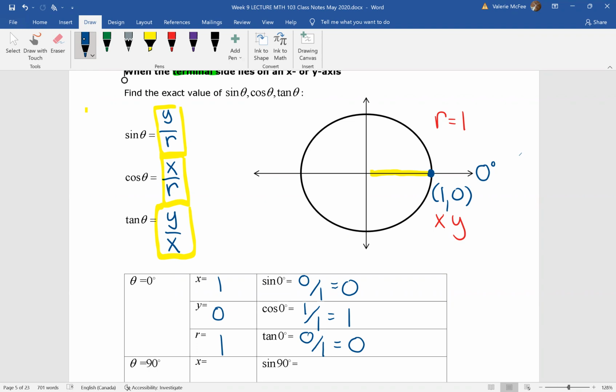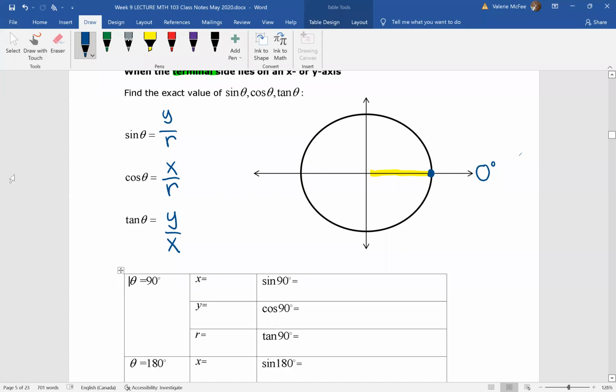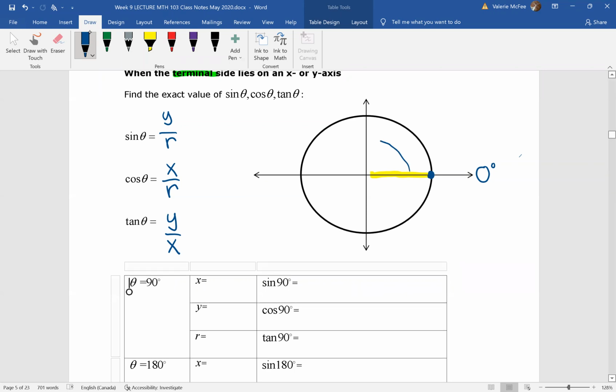Let's look now at theta equals 90 degrees. When theta is 90 degrees, we're moving in a positive direction to the positive y-axis. So we're here at this intercept at the point 0, 1.